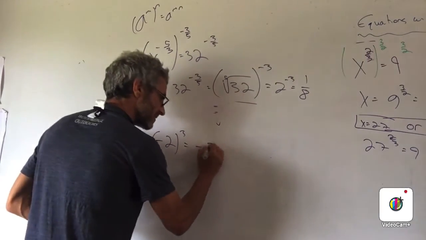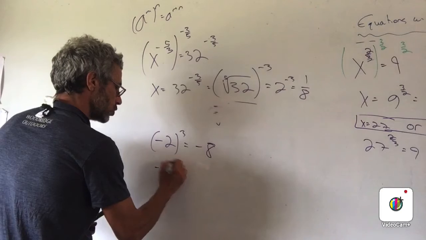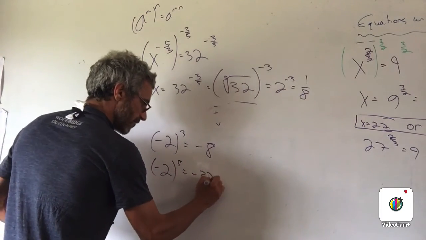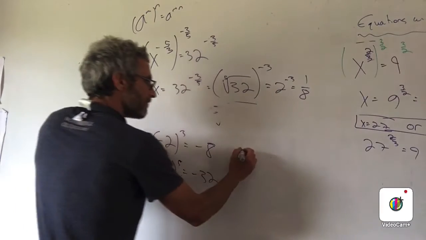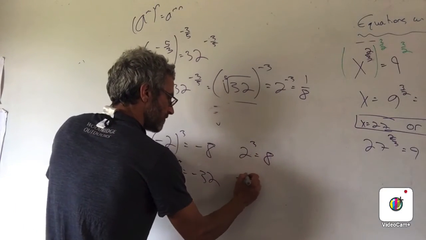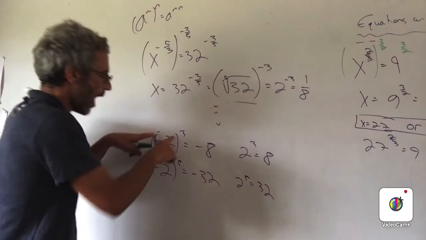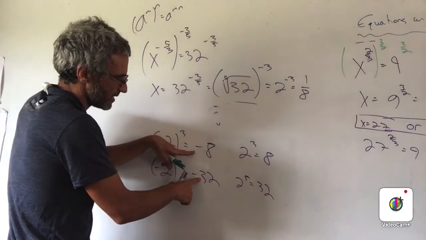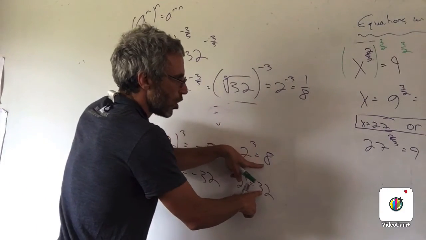Negative 8. Minus 2 to the power of 5 is negative 32. If I take 2 cubed, that's going to give you 8. 2 to the power 5 is 32. So an odd power takes a negative and gives you a negative, takes a positive and gives you a positive.